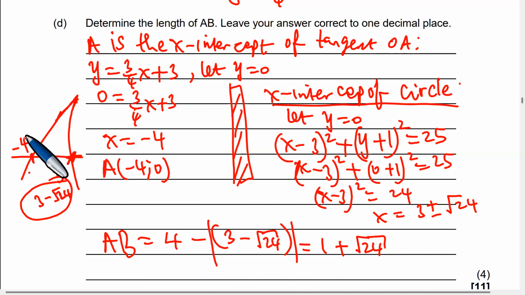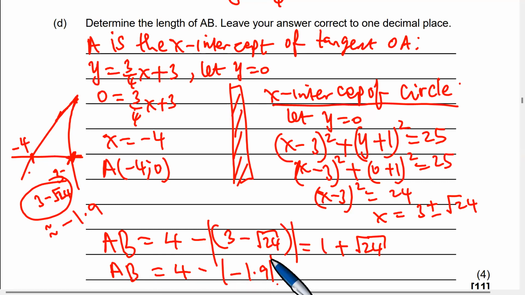Right, because now you have this one is -4, and what is this one here? It's minus something. Right, so it's like minus 1.9. So yeah, you can do this. So it is the same as saying AB is 4 minus, then you have this one, which is minus 1.9. 4 minus 1.9. 2.1.